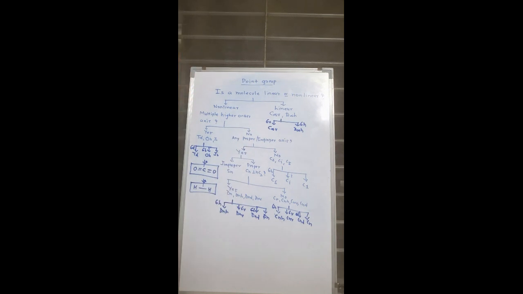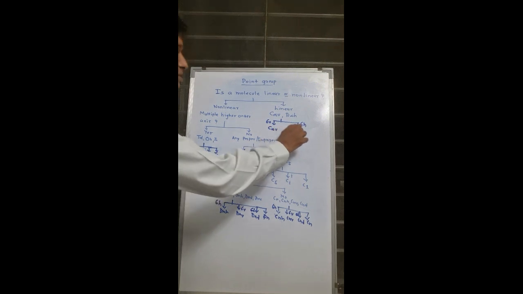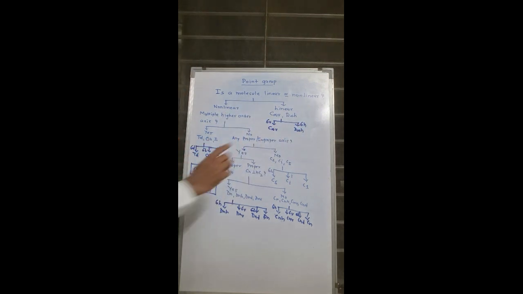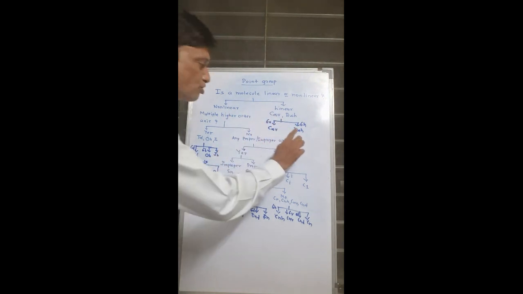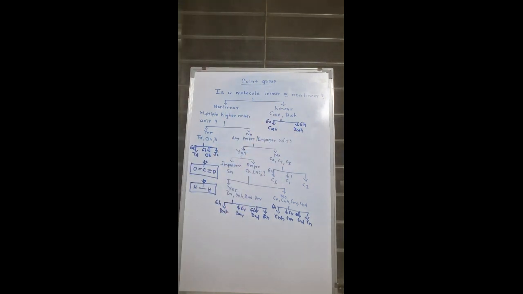Another example is hydrogen. Hydrogen is also linear, means C infinite V or D infinite H point group is present. Now in case of hydrogen, this plane is perpendicular to the main principal axis, means sigma h is present. Horizontal plane of symmetry is present, means point group is D infinite H.